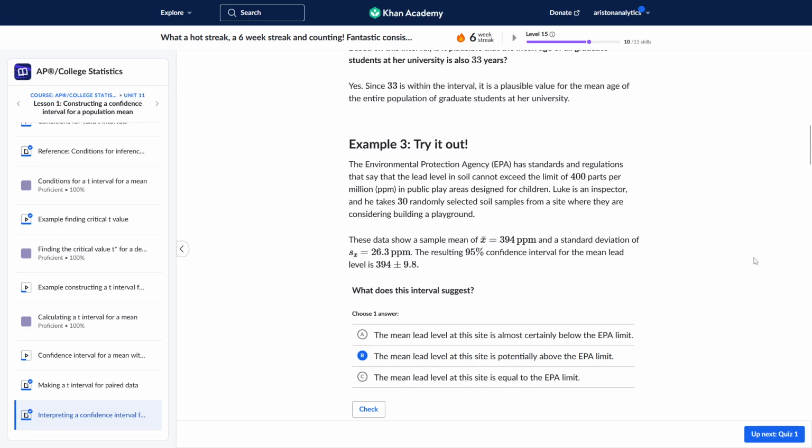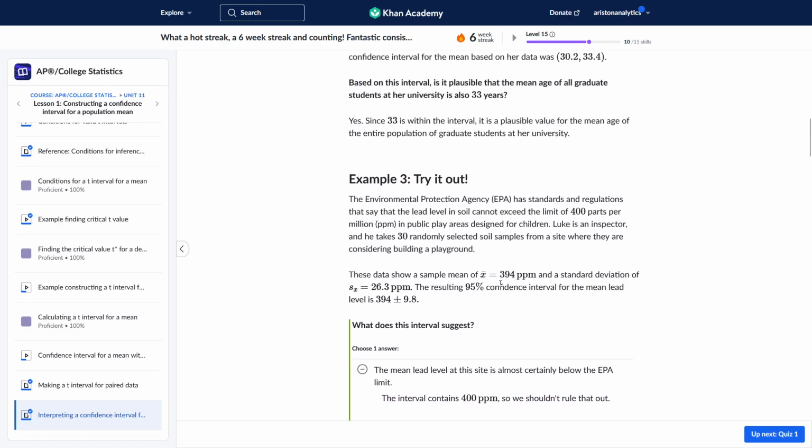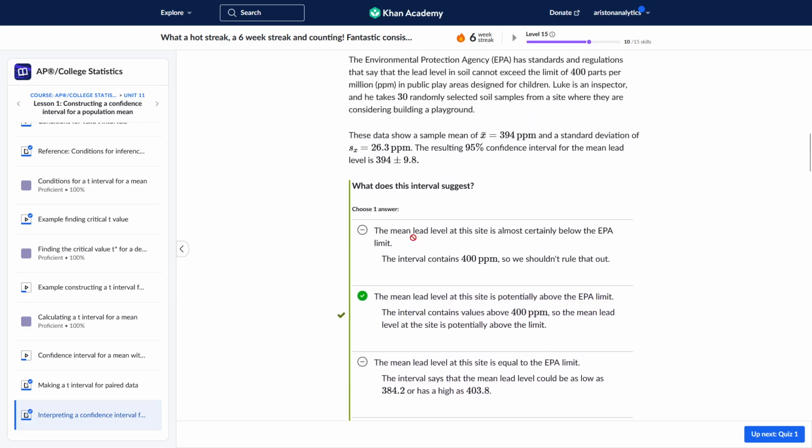It's potentially above, because the confidence interval goes from 380 whatever to 400 something whatever.